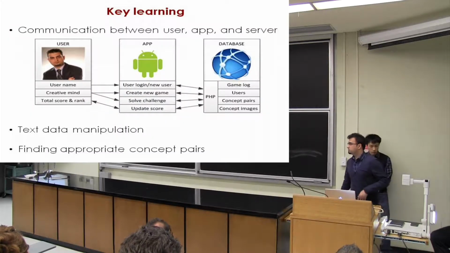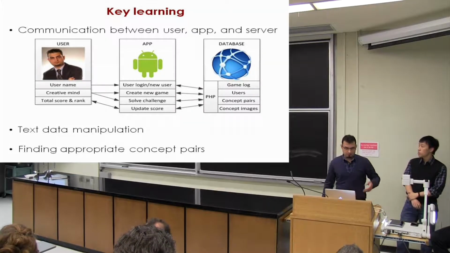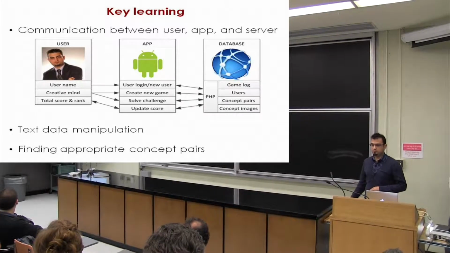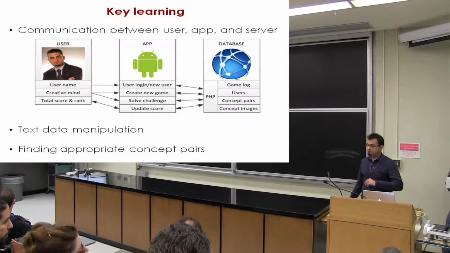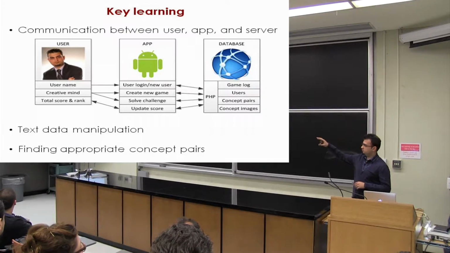One of the key learnings for the programmers of the group, aside from Android programming, was setting up the online database for communication between devices. Our online database keeps track of the game log, users, concept pairs, and all the information.